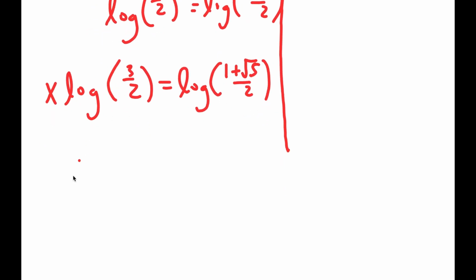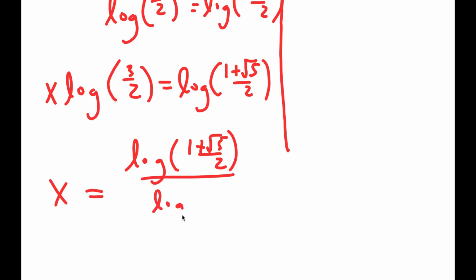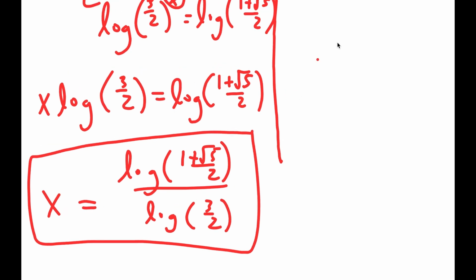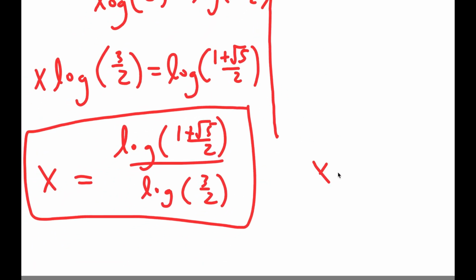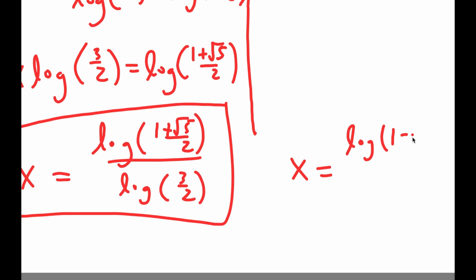Now if I divide both sides by log of 3 over 2, I get x is equal to log of 1 plus the square root of 5 over 2 over log of 3 over 2. And this is the same thing for this, except it's going to be log of 1 minus the square root of 5 over 2 over log of 3 over 2.